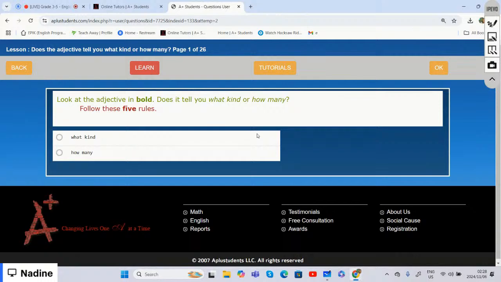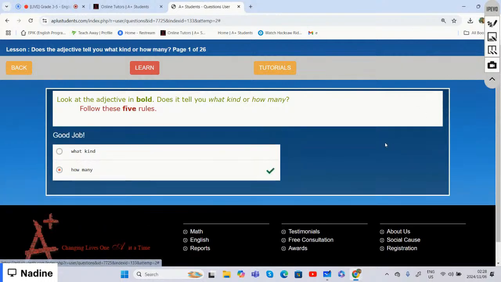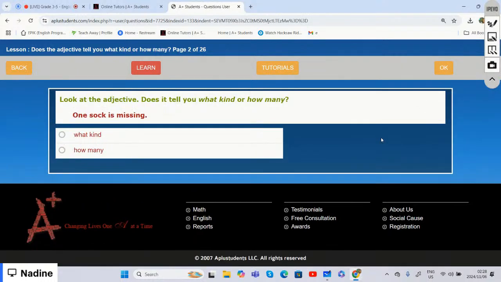All right. So follow these 5 rules. What kind or how many? How many rules must you follow? And then yes, we're going to say it's option 2 because it tells us how many rules you need to follow. So well done. Option 2 is correct.